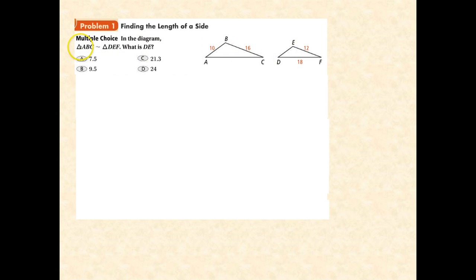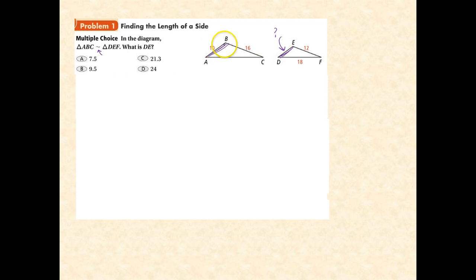Alright, so triangle ABC is similar to triangle DEF. So that means that AB corresponds to DE, and BC corresponds to EF, and AC corresponds to DF. So we want to find out what is the length of DE.